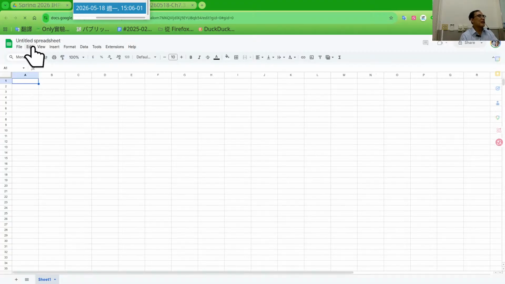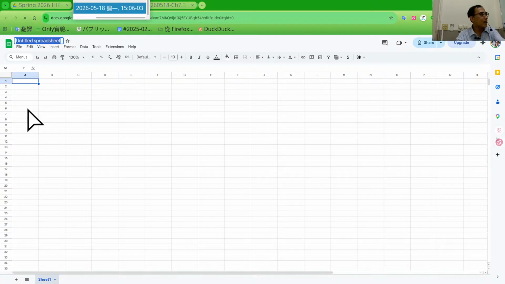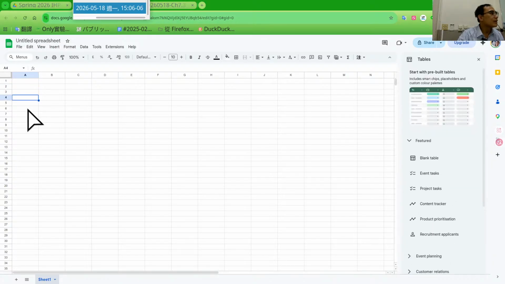I would like to rename the file name as today's date. Okay, then paste the numbers here.